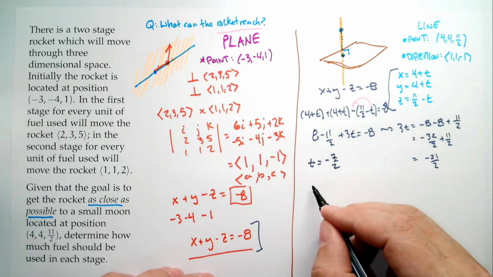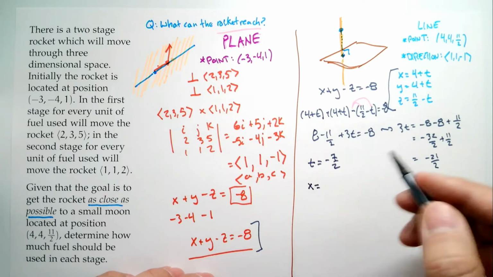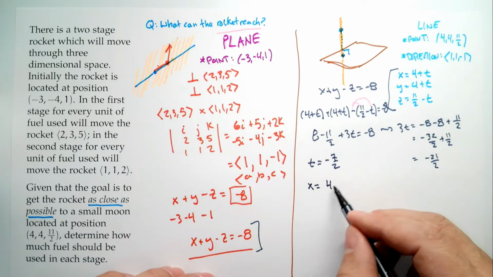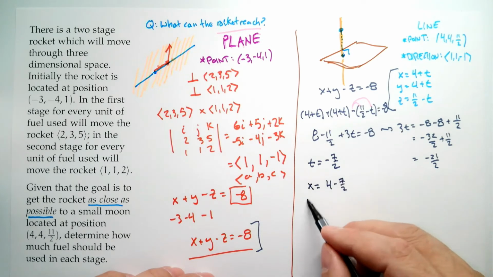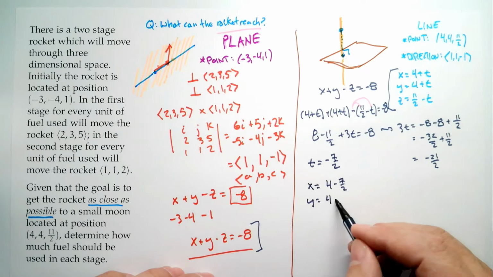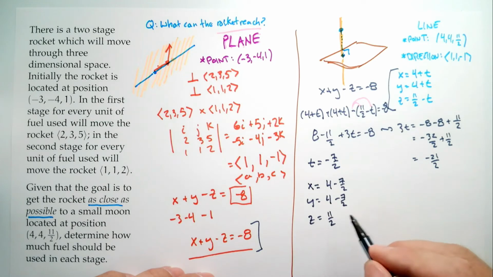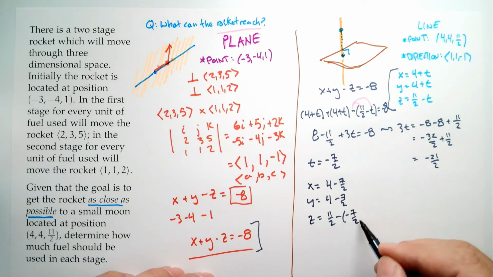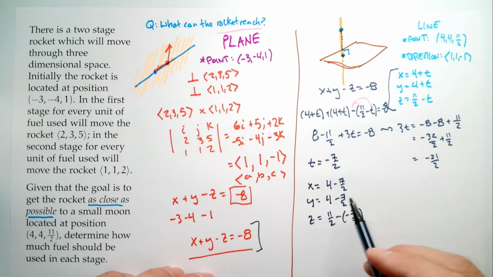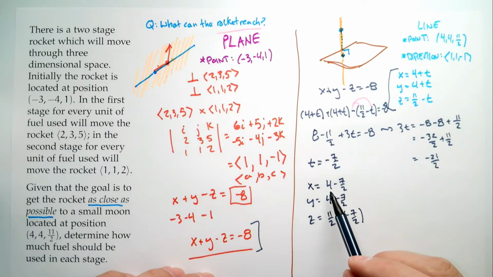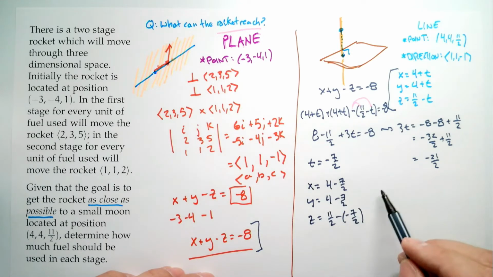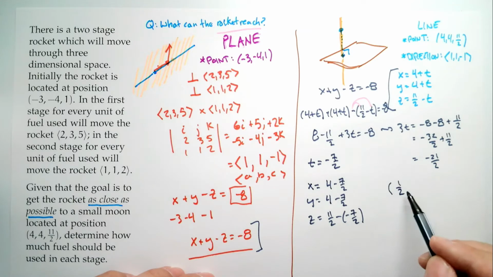So, what do we get? Well, we get that x should be 4 minus 7 halves, y should be 4 minus 7 halves, and z should be 11 halves minus 7 halves, which translates into what? Well, 4 is 8 halves. 8 halves minus 7 halves gives us 1 half.